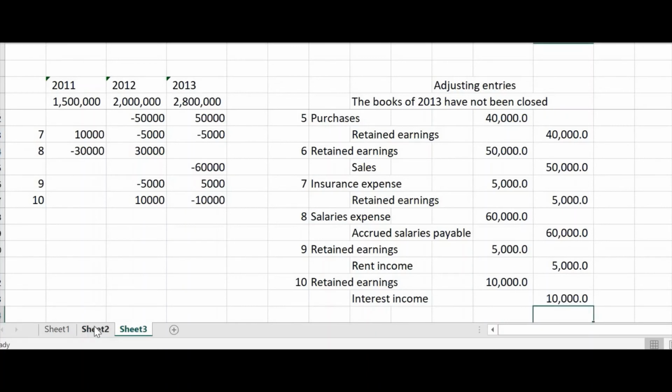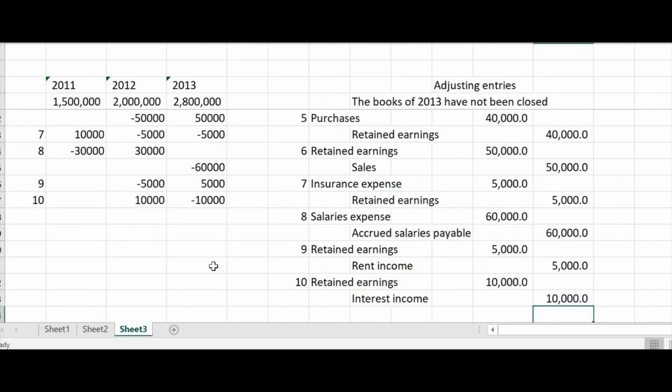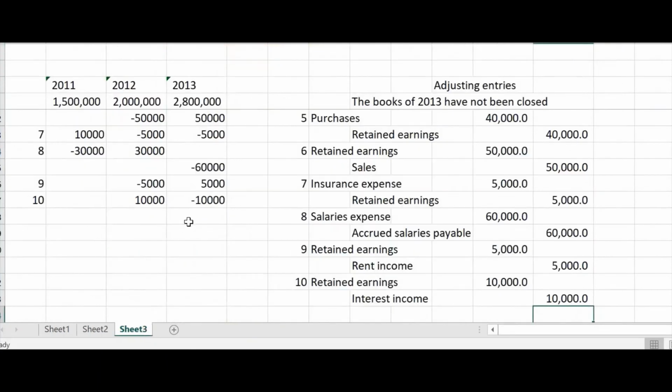Then on 2013, same ang nangyari, no? You have unrecorded interest receivable. So understated yung net income by 25,000. Okay, understated yung net income by 25,000.